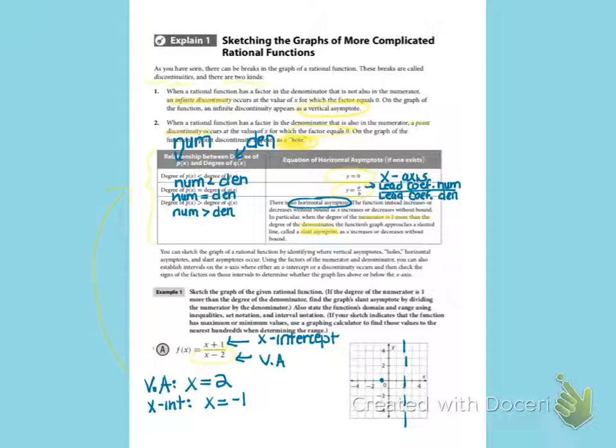As soon as we come across one of those, we'll talk about how to find that slant asymptote. It's basically going to be an equation for some sort of oblique line in y equals mx plus b form, a slanted line that divides the graph similarly to how the vertical and horizontal asymptotes do.